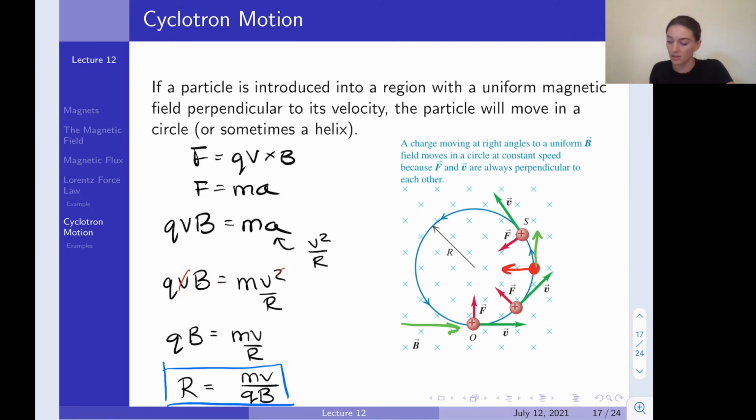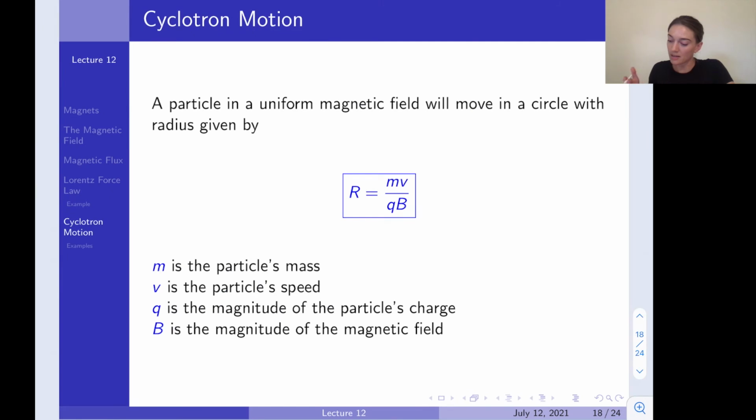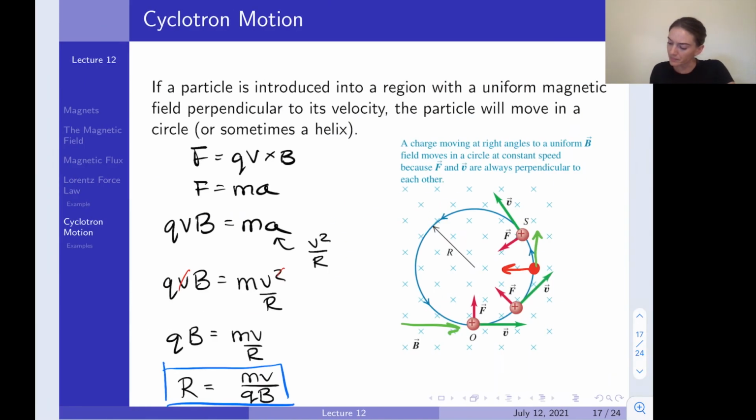So this will be the radius of the circle that the particle will trace out. This is called our cyclotron radius, and it's given by the mass of the particle times the velocity divided by the charge of the particle times the magnetic field. Now here, these are all just magnitudes, so this is just the speed really, and this is just the magnitude of the charge, because we can't get a negative radius. The only time that the signs will matter is initially in the problem when you're doing that right-hand rule to figure out what direction it will spin in.